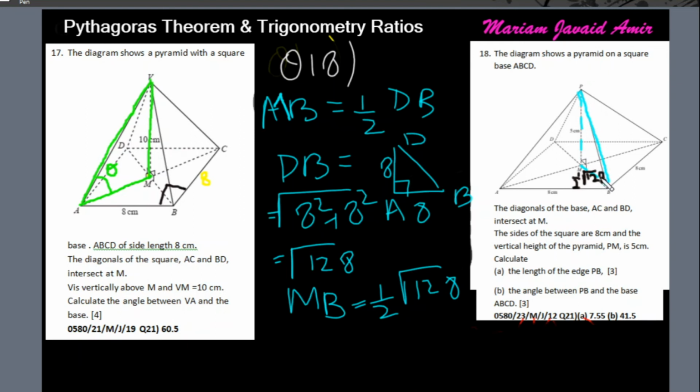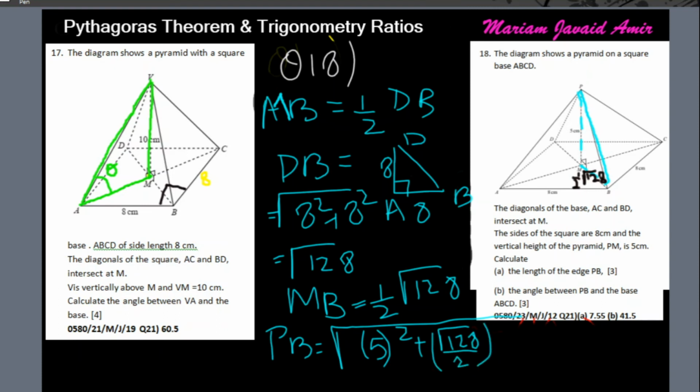So again I'll be applying Pythagoras theorem on these two. To find PB, I'll write under root 5 square plus under root 128 over 2 whole square. So let's simplify this a bit. This becomes under root 25 plus 128 divided by 4, which gives us 32.